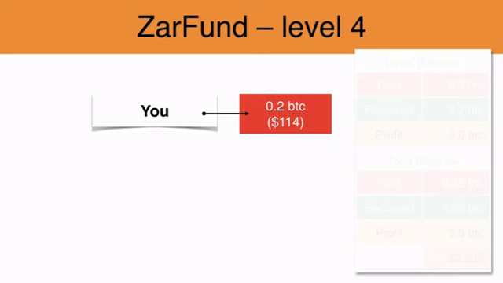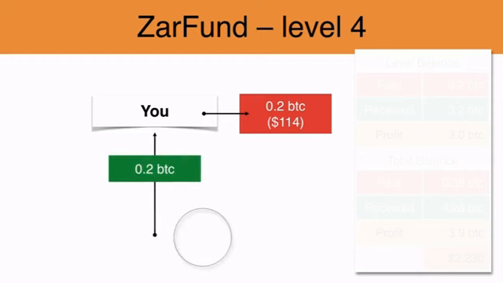Once you get to your next level, which will be your level 4, there are more people, 16. What you'll spend is $114, which is 0.2 BTC. On this level there was not enough room for all the boxes, but it's pretty self-explanatory.